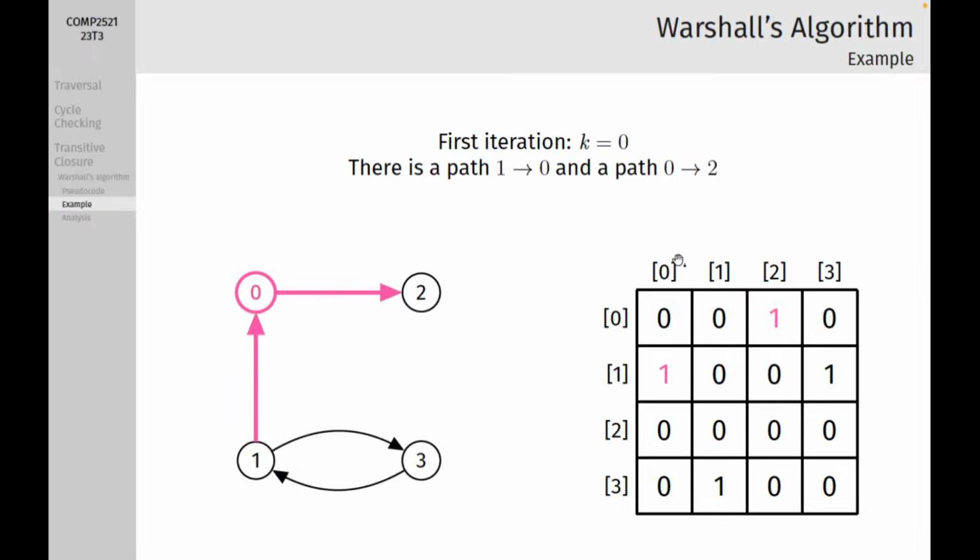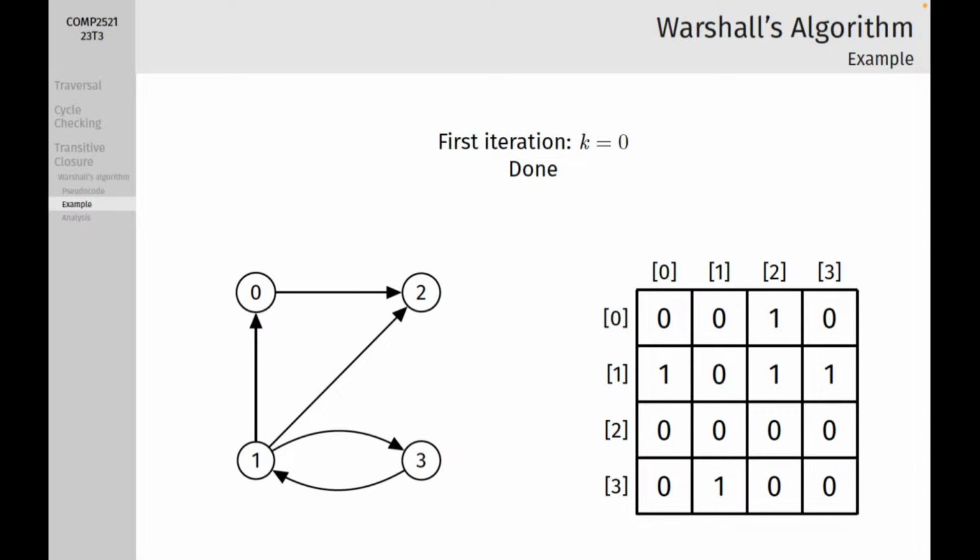So what this tells us is that there is a path from 1 to 2, right? So we put a 1 in this cell. And that's it for the first iteration, because there are no more incoming or outgoing edges from 0.